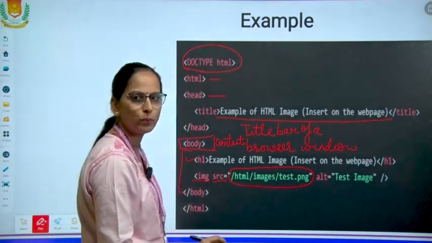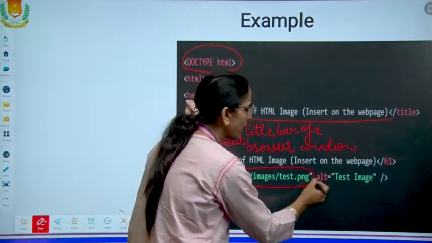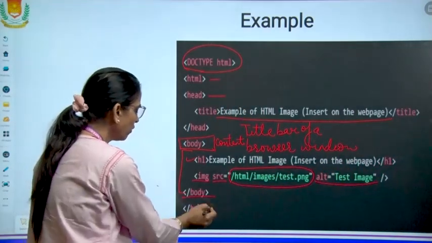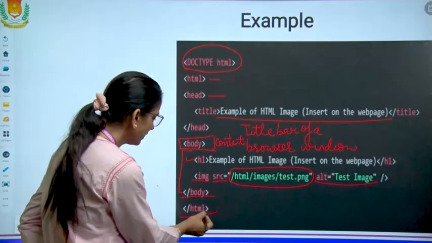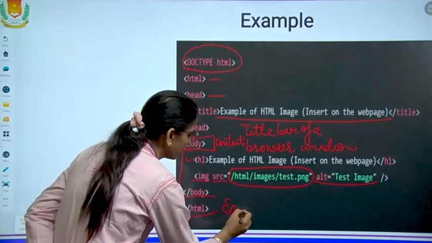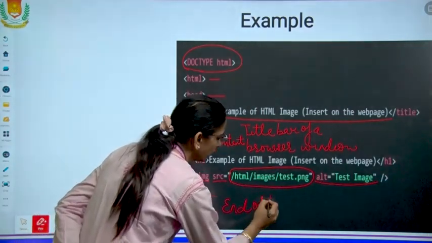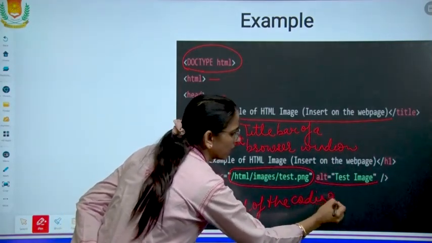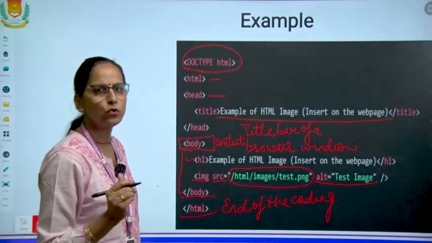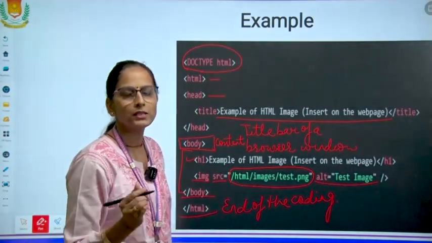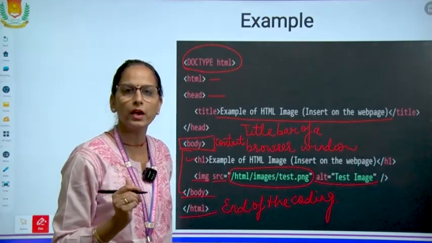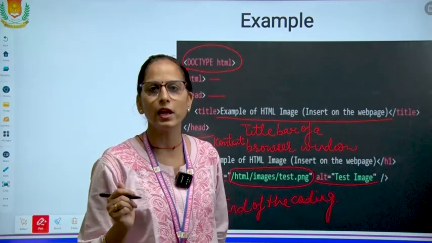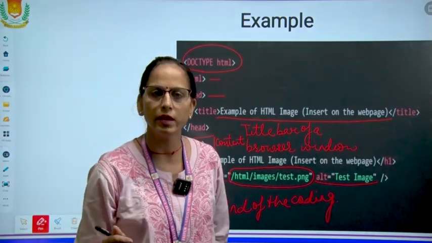The complete path should be written. Then we have alternate text. Then body closed, HTML closed. This tag shows the end of the coding. And one more thing to keep in mind always: HTML is not a case sensitive language. Uppercase letters and lowercase letters are treated similarly.